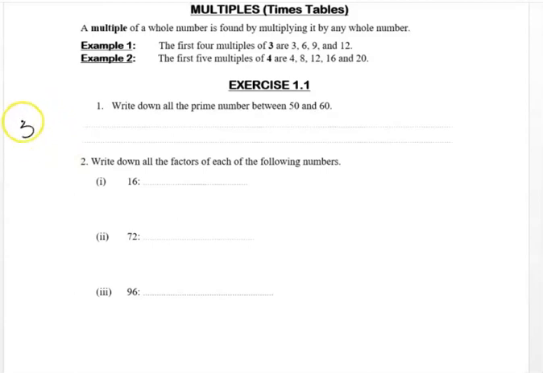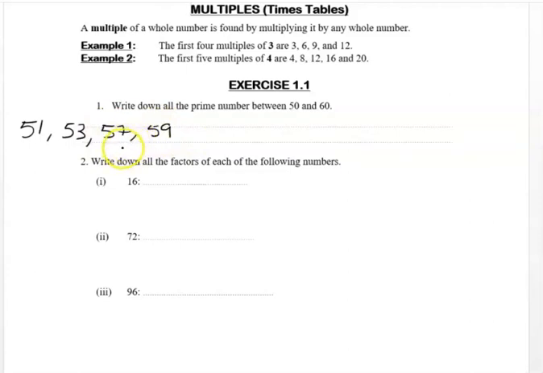So we have numbers like 51. We have numbers like 53. Now 55, I could write it down, but it's not possible for it to be a prime number, because it ends in a 5, so it's a multiple of 5. So we have 57, and you have 59. Now we're going to narrow it down further.